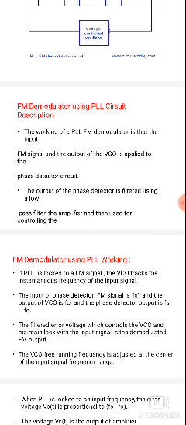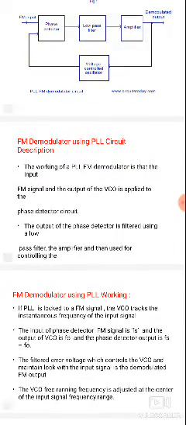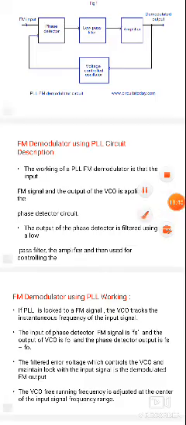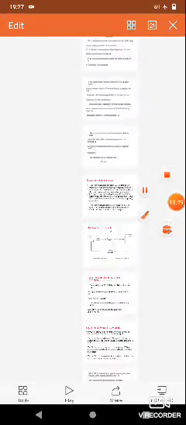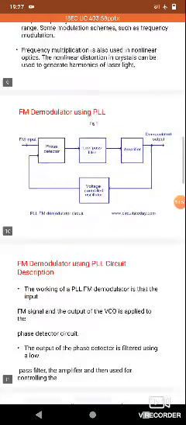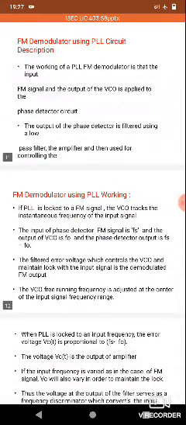The filtered error voltage controls the VCO, and it maintains the lock with the input signal and the demodulated output signal. First of all, the input of the phase detector is the FM signal. Here the input signal is Fs. Next, the voltage controlled oscillator output is F0.